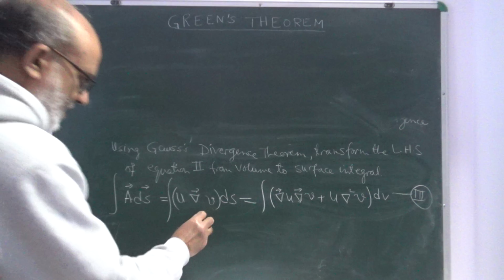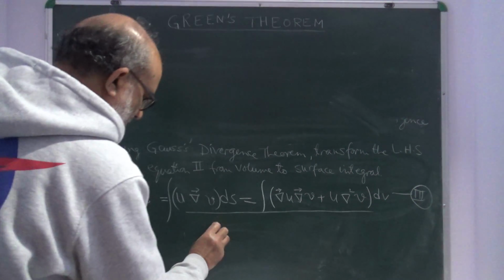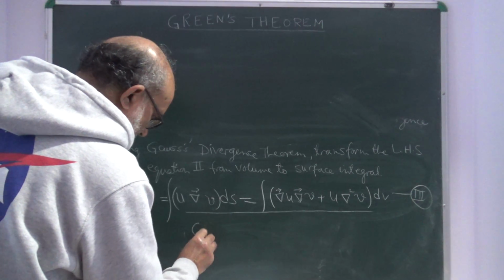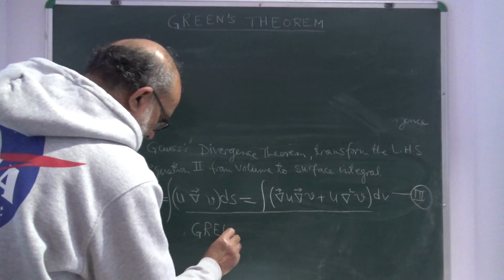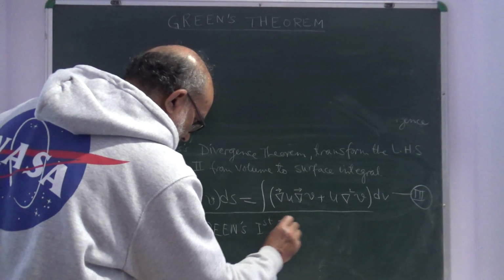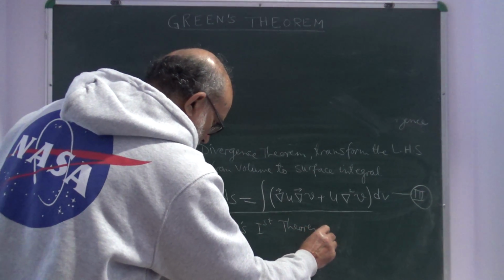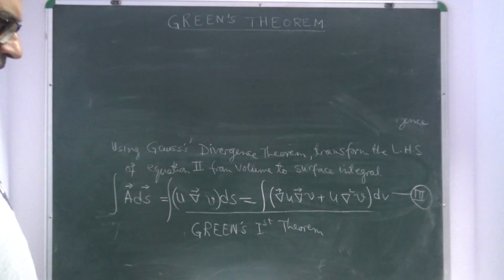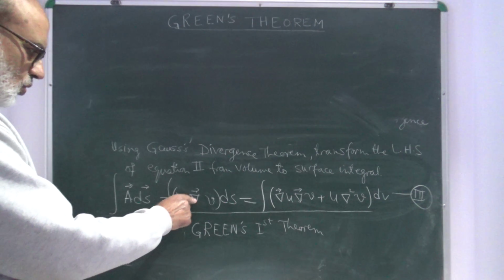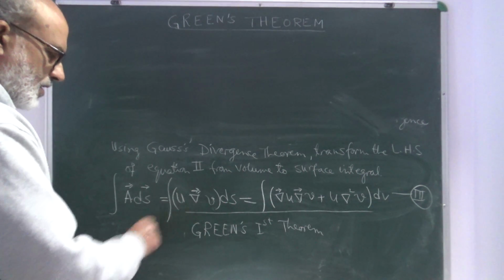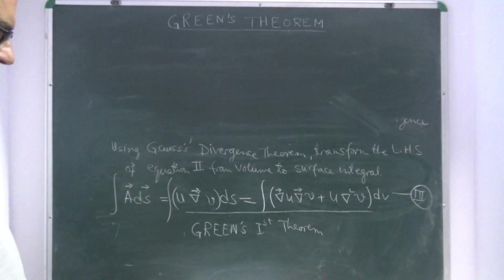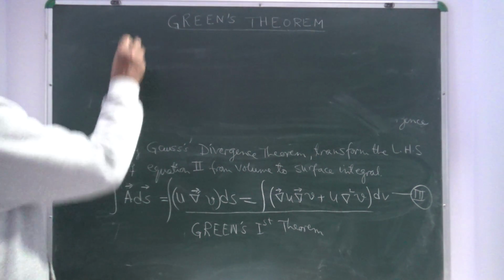And this relation is called Green's first theorem, that is, the surface integral of u gradient of v is equal to the right hand side.